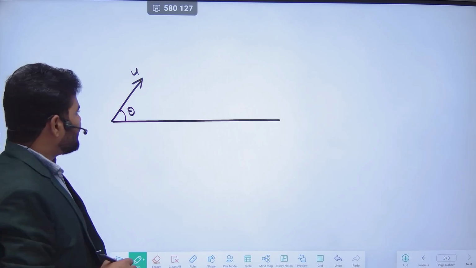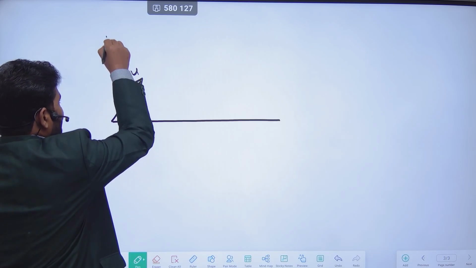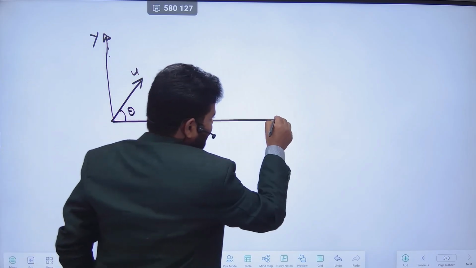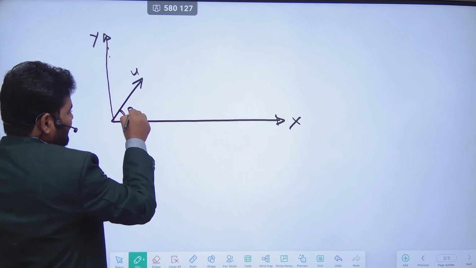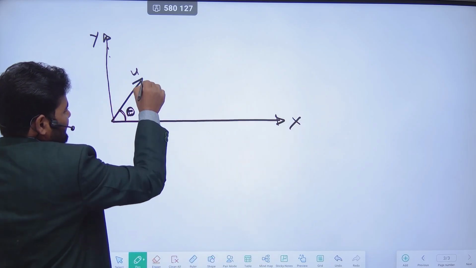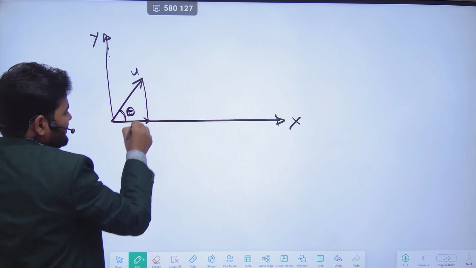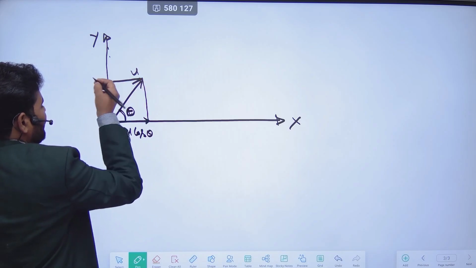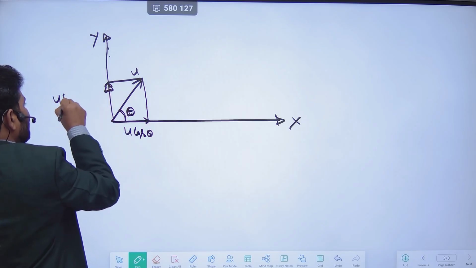Here, we consider the vertical direction as the y-axis and the horizontal line as the x-axis, and the ball is launched at an angle of theta from the horizontal. The horizontal component of initial velocity is u cos theta, and the vertical component of initial velocity along the y-axis is u sin theta.